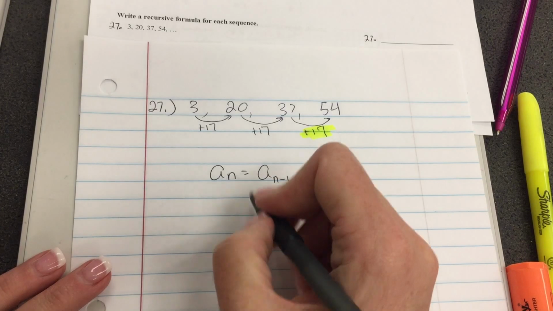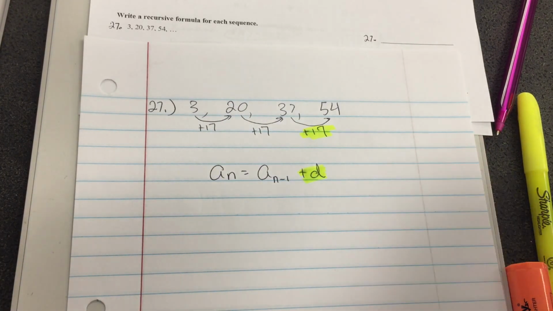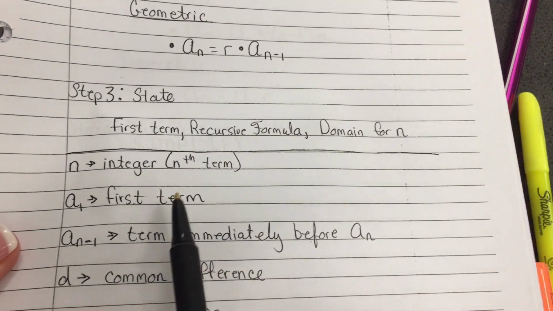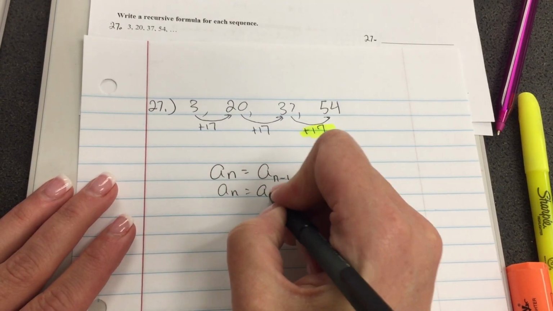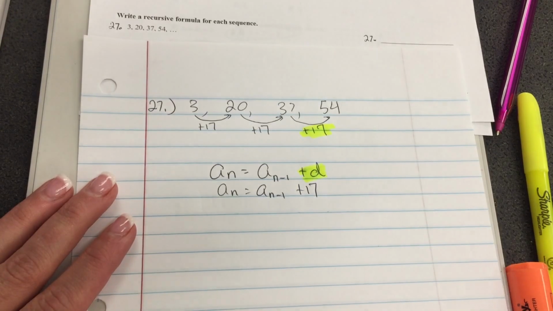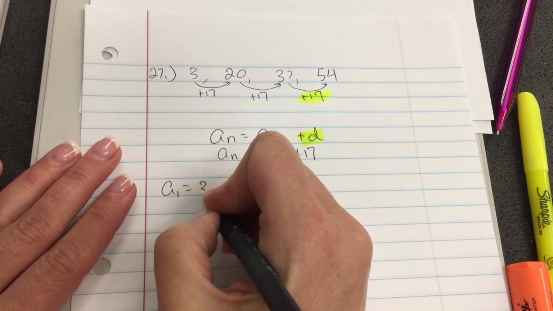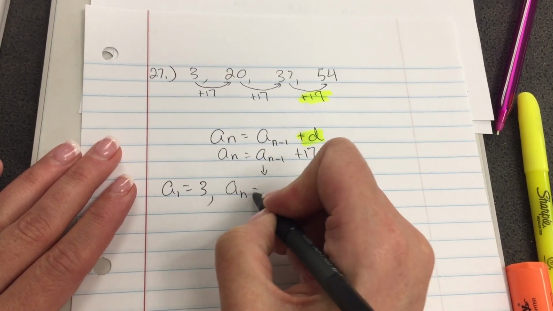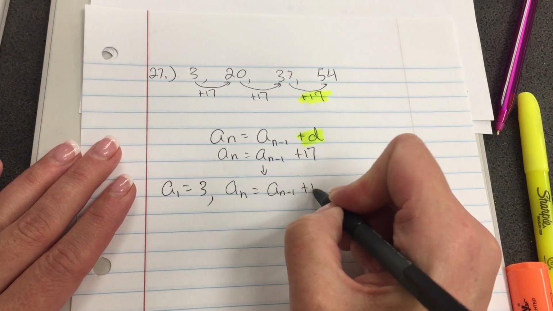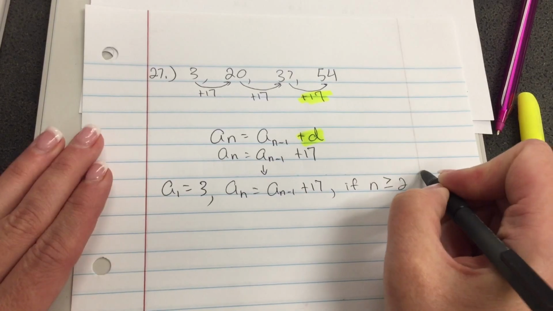So we've done step 1 and step 2. Step 3 says, write the first term, the recursive formula, and the domain for n. Well, let's fill this in real quick. So there's our recursive formula. But it says first you have to write the first term. Well, the first term was 3. So a_1 equals 3. Our formula: a_n equals a_(n-1) plus 17. And then we'll say if n is greater than or equal to 2.